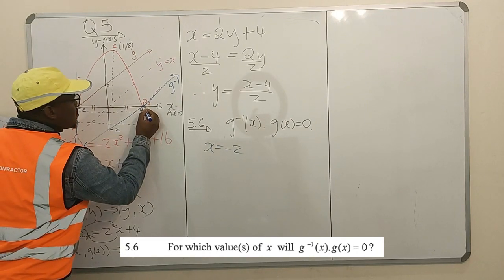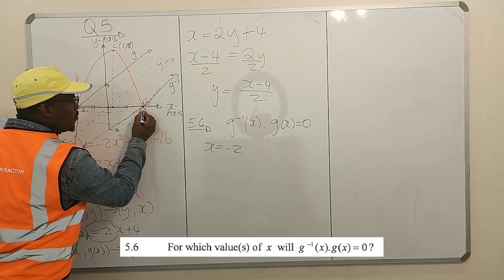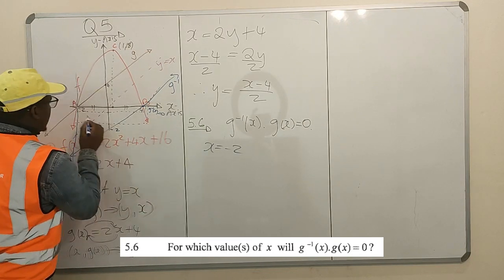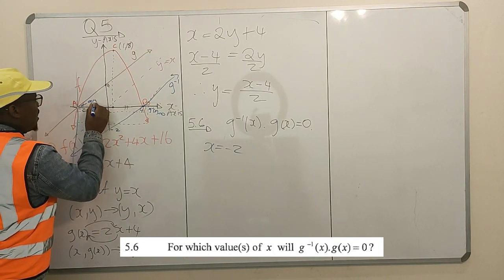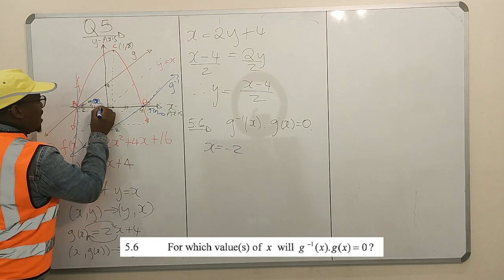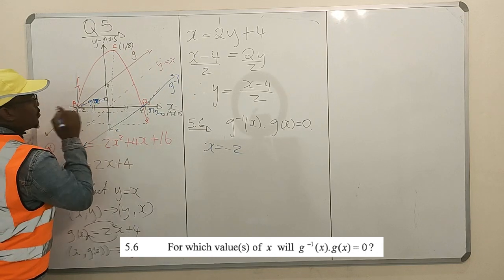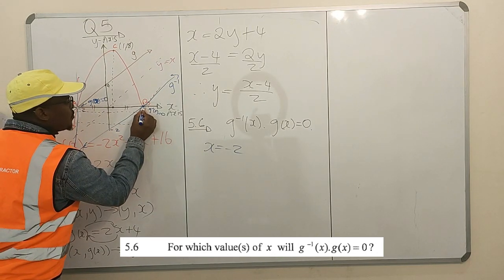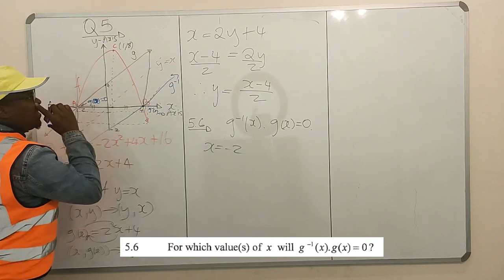You see the y is 0 here again for the inverse now, because your g inverse at x is equal to 0 here. Here, your g at x equal to minus 2 is equal to 0. So, we have a y value of 0 here as well, but the other one is positive there.